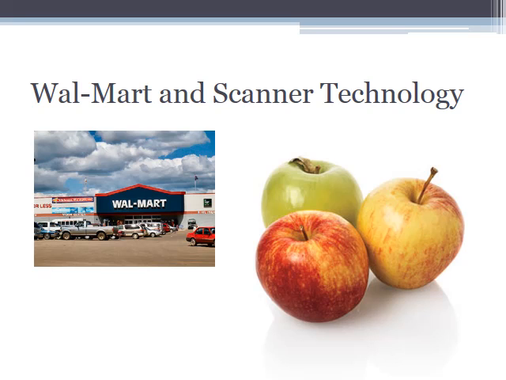Like if you were to just purchase apples, there's little stickers on your apples with a 4-digit code, and every single scan that they put in, every time they look at those apples, they have how much money they've earned, they have how many apples need to be ordered in order to replace those apples, down to the point that they have different stickers for red apples and green apples. So the more green apples you buy, the more green apples they replace. They know exactly how many green versus red apples need to be ordered and replaced.